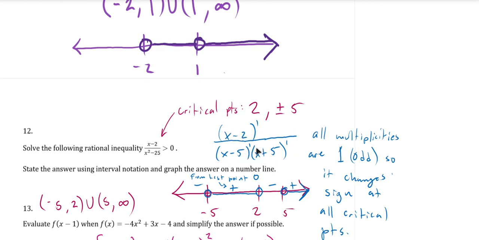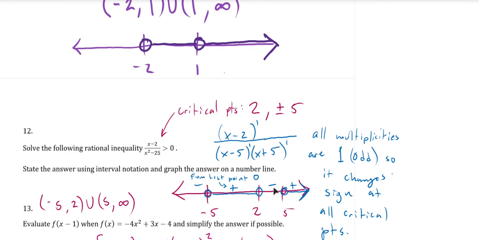Now, to get this started, we're going to want to plug in a test point, and 0 is a particularly easy one to plug in. Replace the x's with zeros, and we have -2 over -5 times +5. Negative over negative times positive is going to be overall negative.